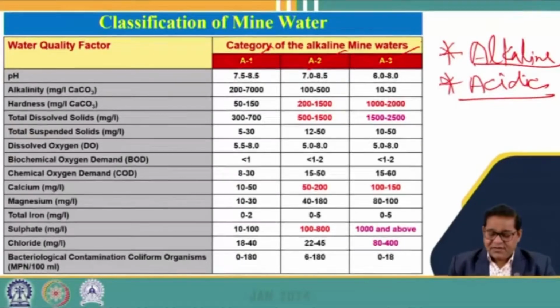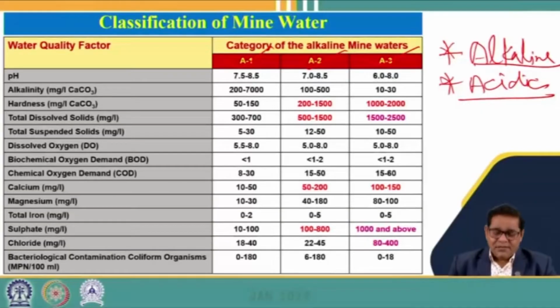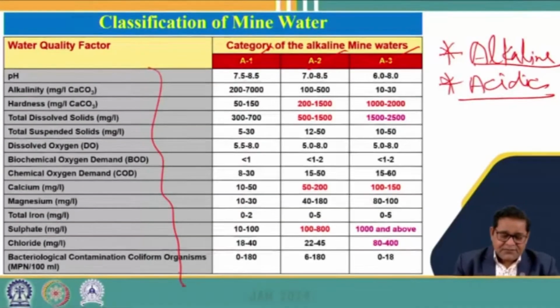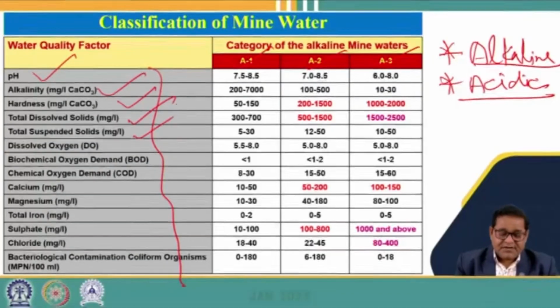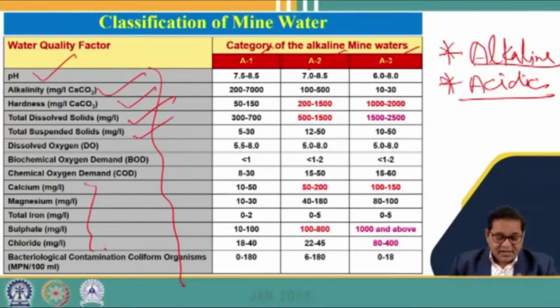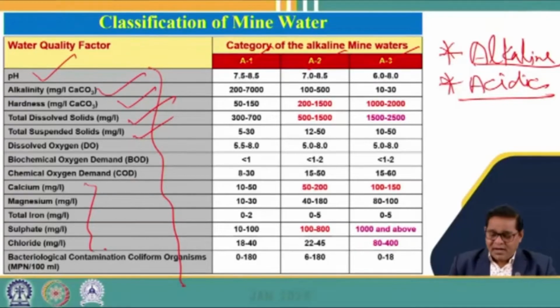These three categories of alkaline mine water are generated from the coal fields.